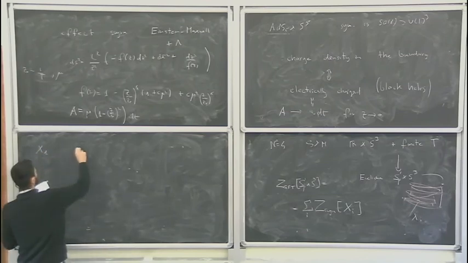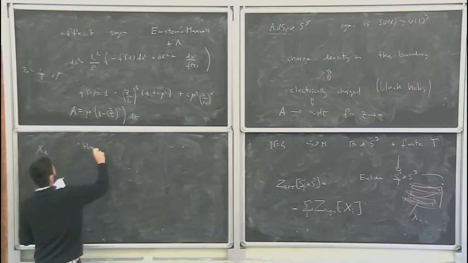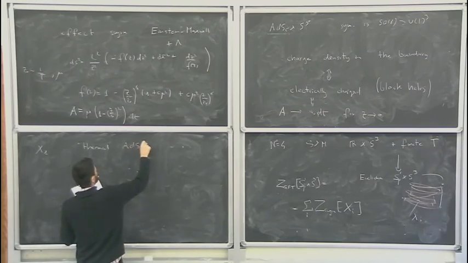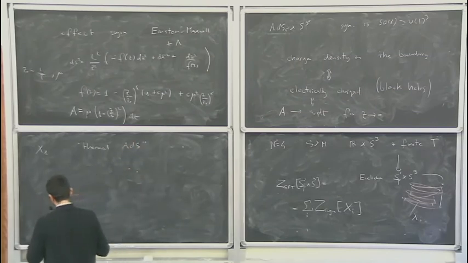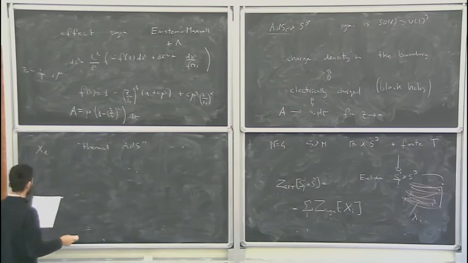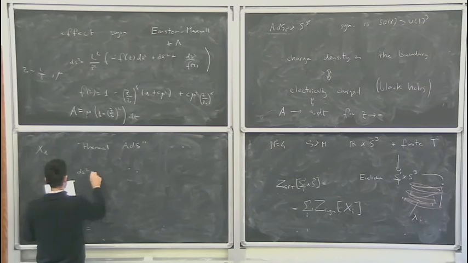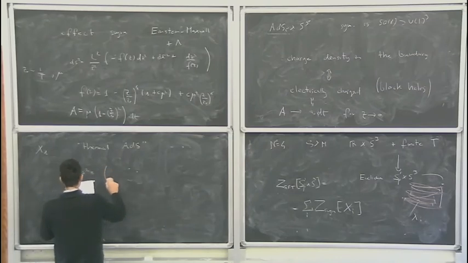X1 is called thermal, in some arbitrary labeling, thermal ADS. I have to speed up a little bit. And the metric is simply the global ADS metric with the weak rotation, so Euclideanized.